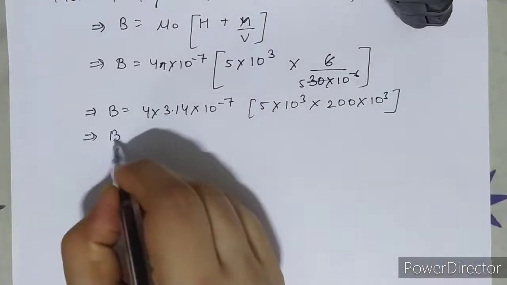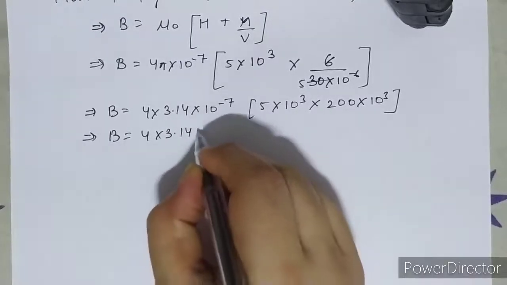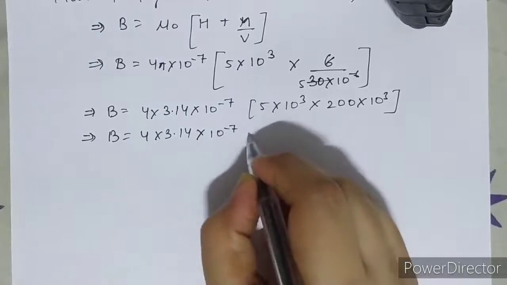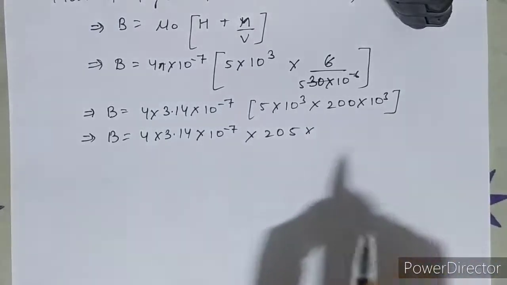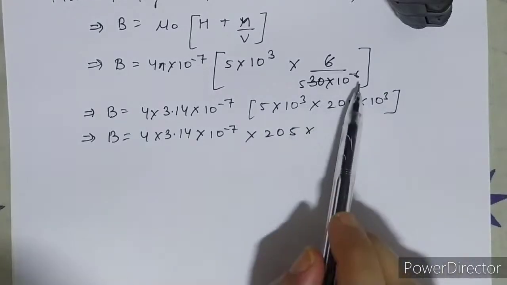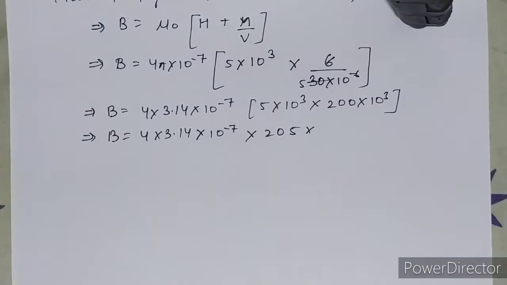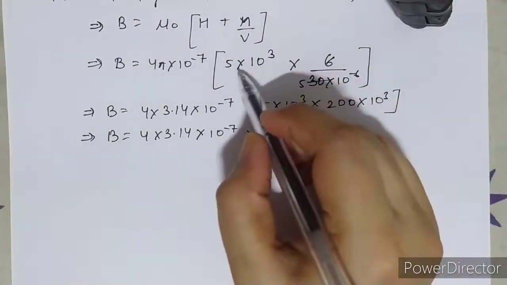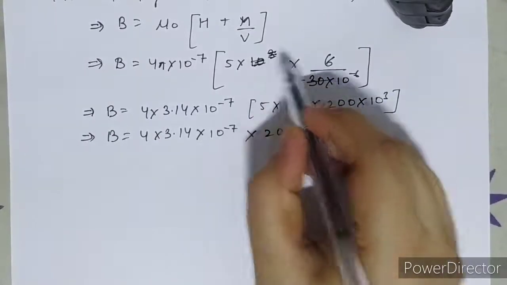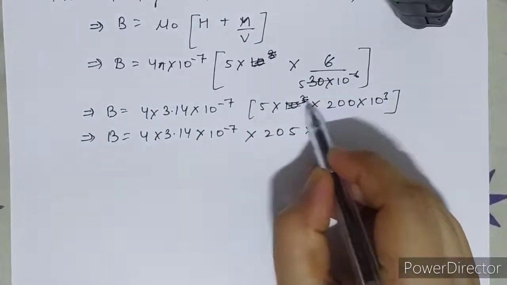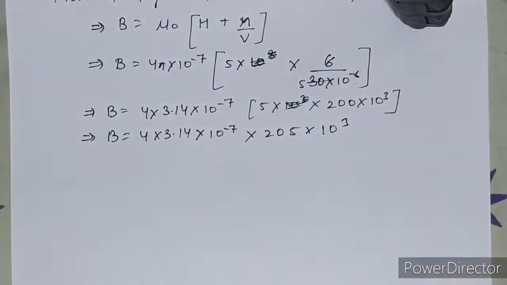So B is equal to 4 into 3.14 into 10 to the power minus 7 times 205. It is only a 5, no other term is there, I wrote it by mistake. So 205 into 10 to the power 3.